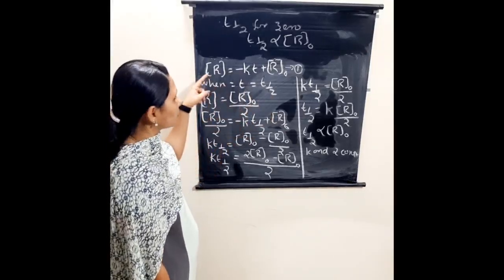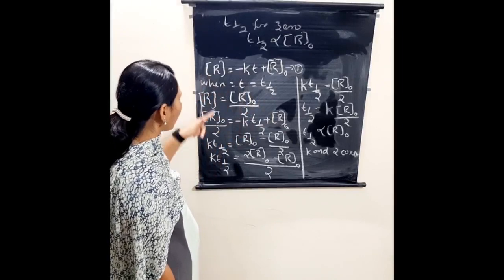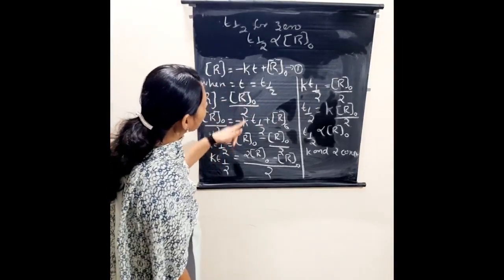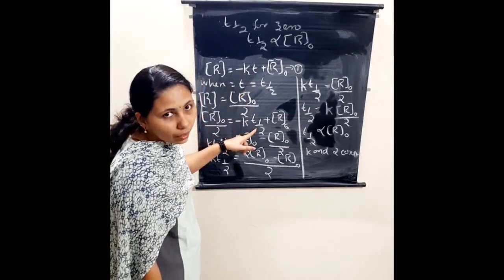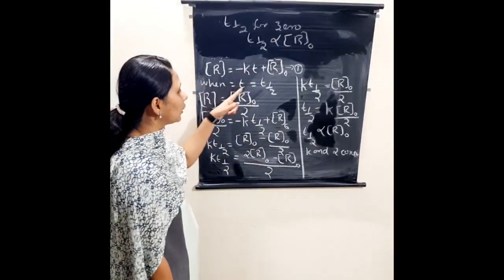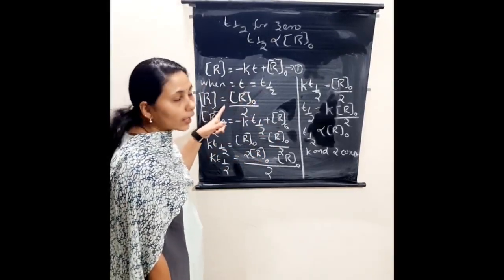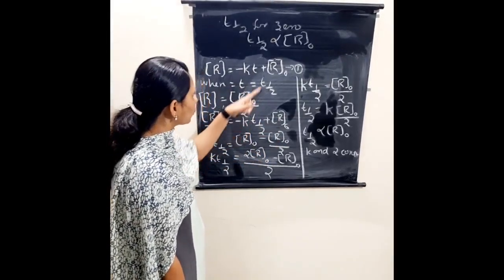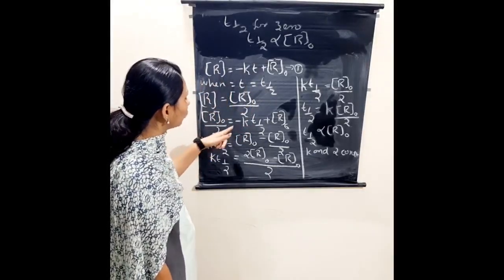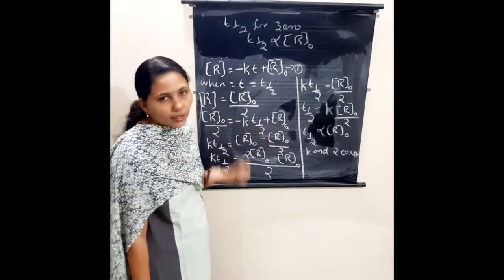Substitute this in equation 1. In place of R, we write R0 by 2 equal to minus K into T half plus R0. Substitute these two things in this equation; we get R0 by 2 equal to minus KT half plus R0.